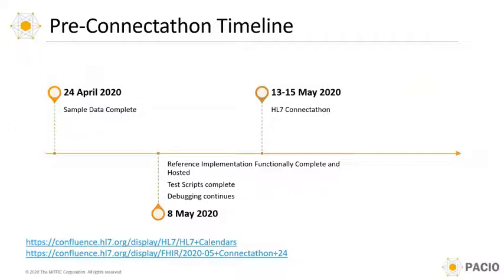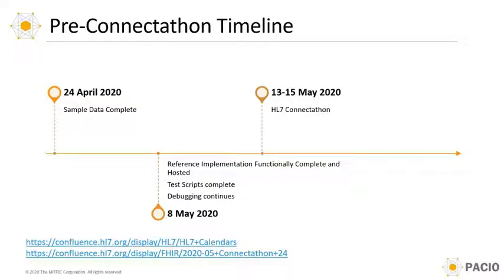So for the pre-Connectathon timeline, we've been working towards getting the sample data together. We've been trying to get all that stuff in place. The use case has been determined. We're just building all the sample data around that, then building the reference implementations to make those functionally complete and hosted, building the test scripts, and continuing to debug, with the idea that when we get to the Connectathon on the 13th, 15th, most everything is talking to and exchanging data with the other pieces, and we're really just focusing on the fine tuning.